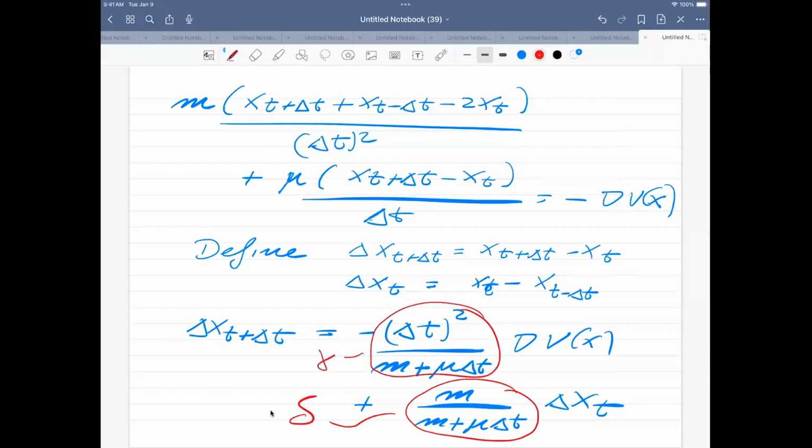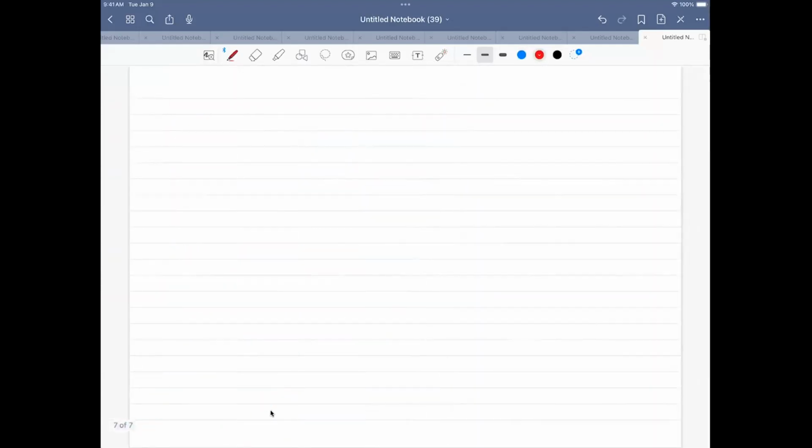And then what I can do is to rewrite my delta x of t plus delta t in terms of this parameter minus gamma. And here I have the gradient of v of x. So you see now this is starting to look like the standard gradient descent approach, which we had. We have a gradient multiplied with a parameter gamma, which plays the role of a learning rate. But then I have something which I call plus delta times delta x of t.